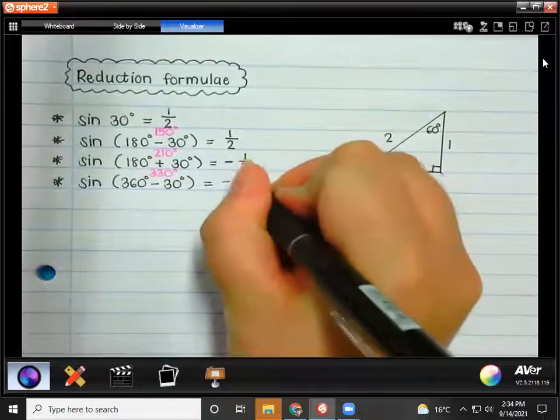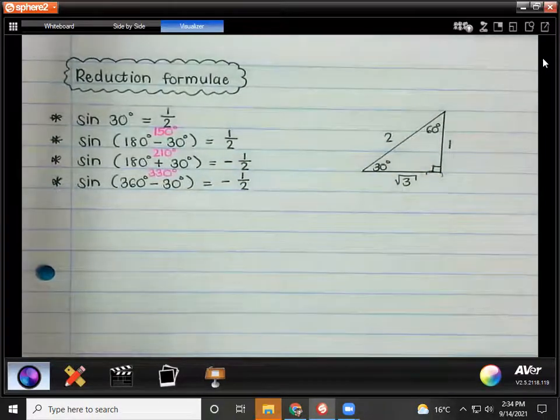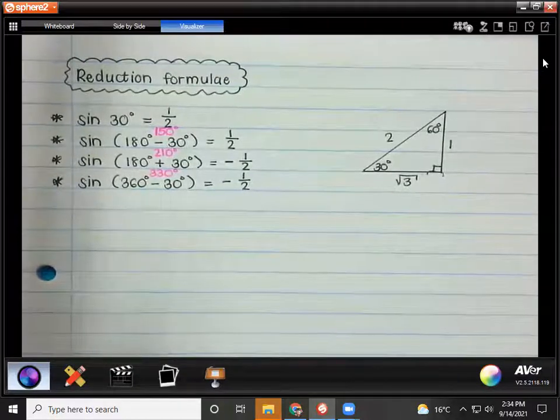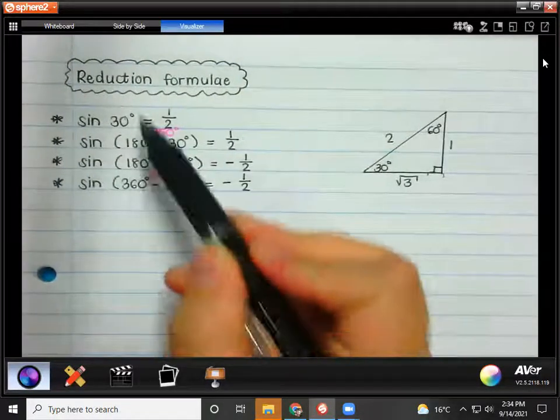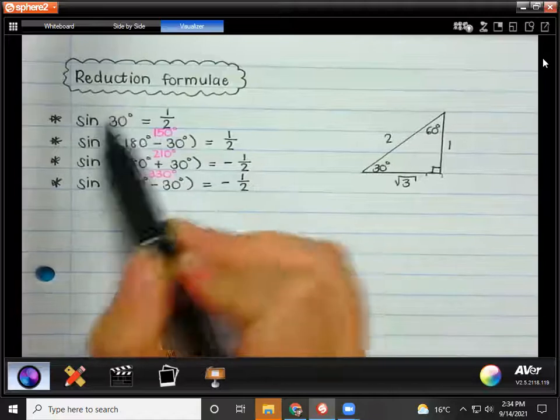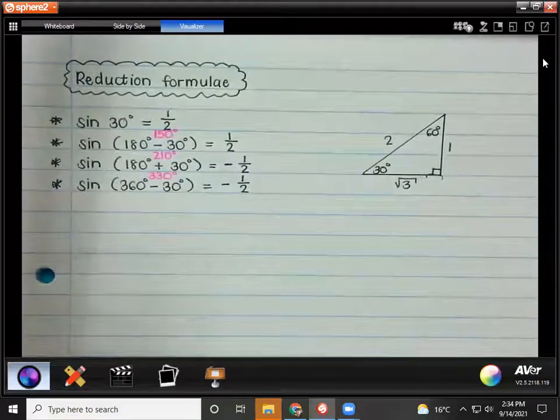Now, why do you think that we are getting different signs for these values? Because sine is only positive in the first two quadrants. Did you guys notice that the first value that I gave you, 30 degrees, would be in the first quadrant? Remember the first quadrant has angles between 0 and 90 degrees.